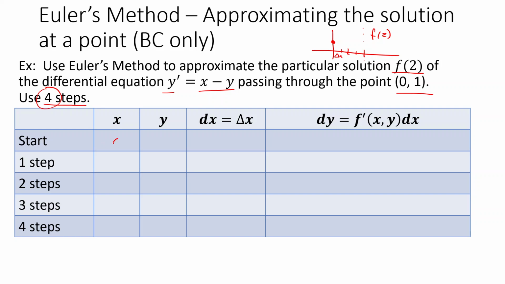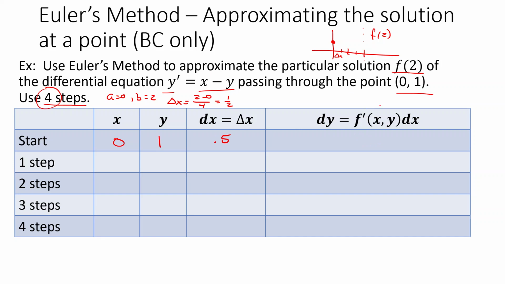So we'll start at 0, 1, and we're going from 0 to 2. So our a is 0, our b is 2, so our delta x is 2 minus 0 over the 4 steps, which is 1/2. I'm just going to use 0.5. Now we're going to figure out how much up we are going to go.